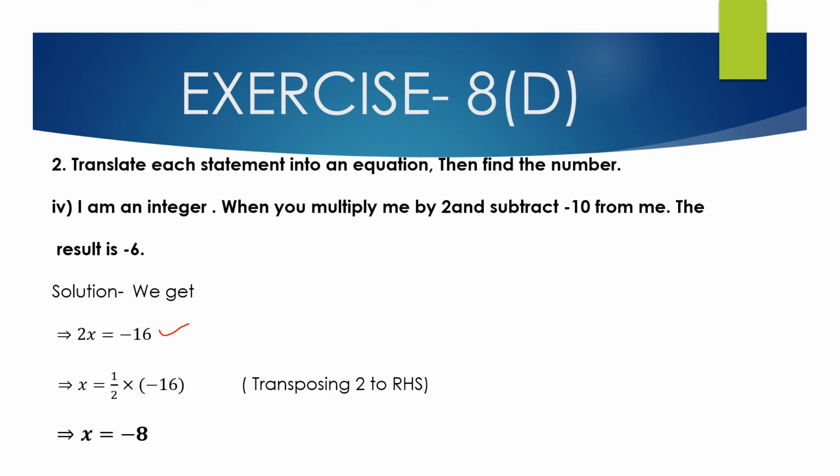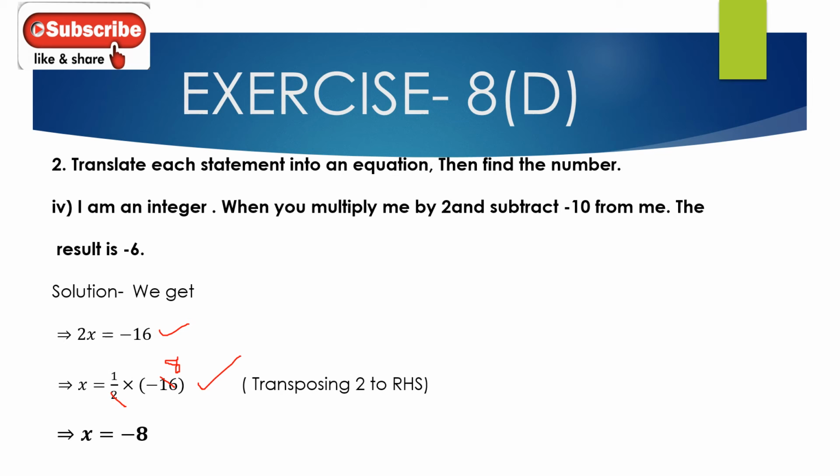Now we get x equal to 1 divided by 2 multiplied with minus 16, cancelling 2 with 16, we get 8. Now we get x equal to minus 8. So the number is minus 8.